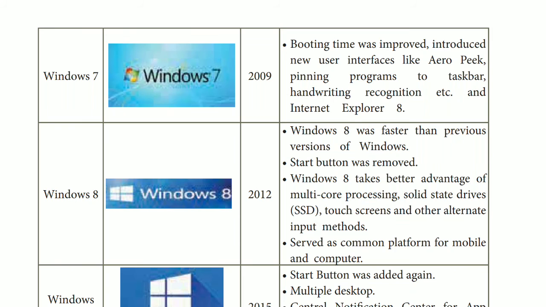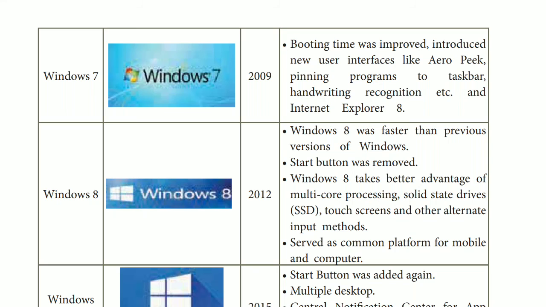This took some time in the previous versions, but in Windows 7 you can see that it takes very little time to load all these functionalities. It can also recognize handwriting. It has Internet Explorer 8, etc.